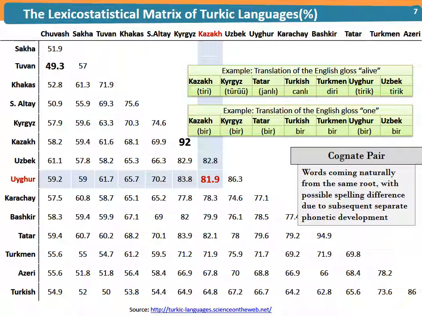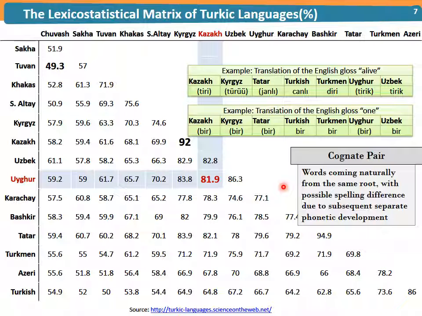This is a lexicostatistical matrix of Turkic languages, which shows the percentage of cognate pairs shared among the major Turkic languages. In this case, a cognate pair is a pair of words coming naturally from the same root, with possible spelling differences due to subsequent separate phonetic development.